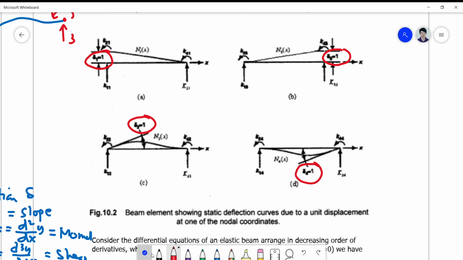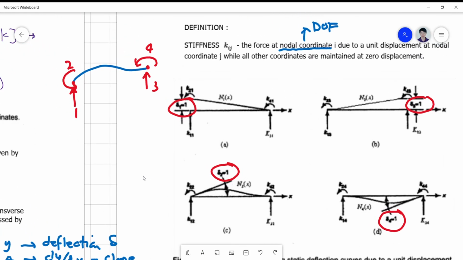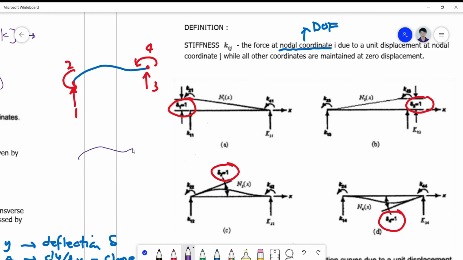So there's a possibility of putting your nodal coordinate system in a different form. Let's say if I have here your flexible beam, I can number it 1, 2, then 3, 4. Okay, so 1, 2, 3, 4, and that's how this is actually numbered, no?